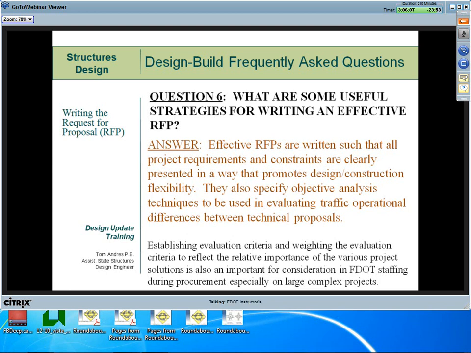So how you weight and which evaluation criteria you include in your RFP is really important so that you get what you want. FDOT staffing during design build procurement needs to account for the need to evaluate the various project solutions during procurement. That's an important factor. And the more complicated and bigger the project, the more those resources are going to have to be.